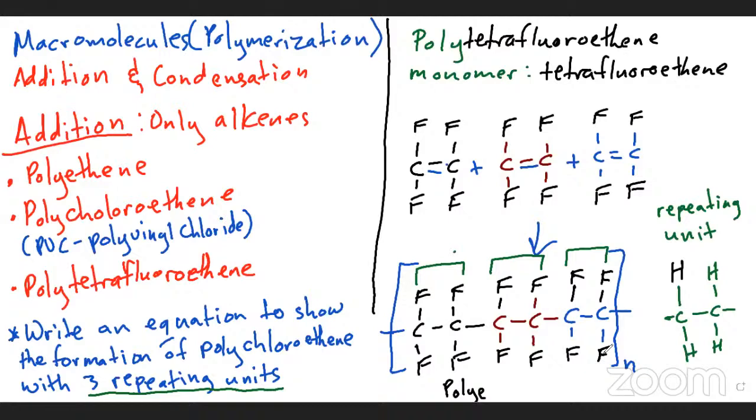Sir, so what would be the repeating units? All right, so to get a repeating unit, all you do, right? When you look at the structure, this right here is your monomer.